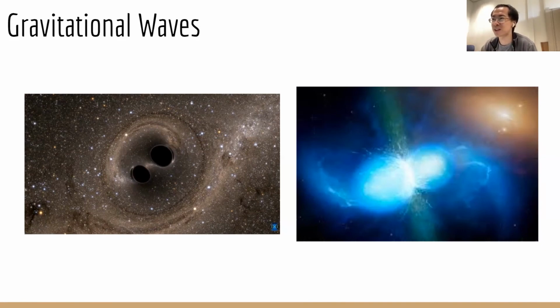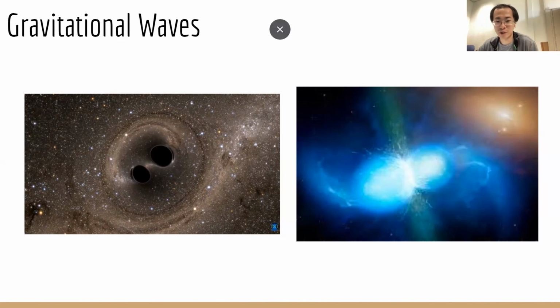I think it's a very beautiful picture that many of the things we're used to, like in our phone, like in our glasses, are in large part forged in these massive collisions between neutron stars.